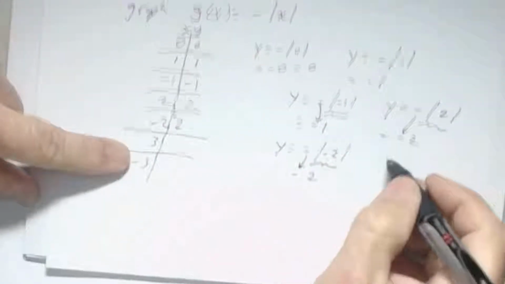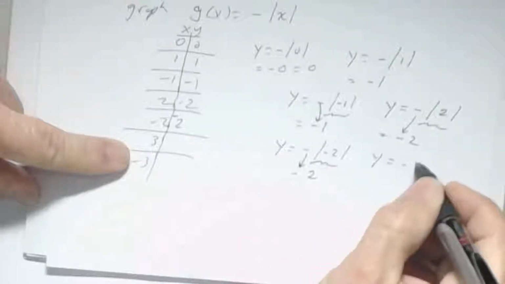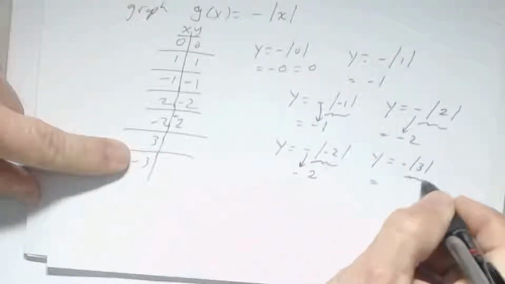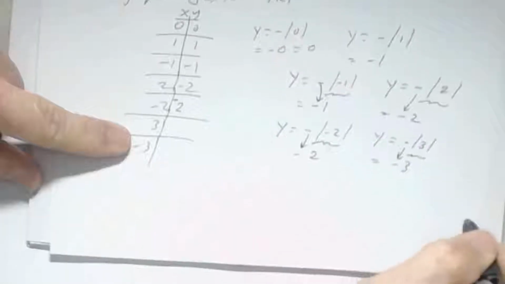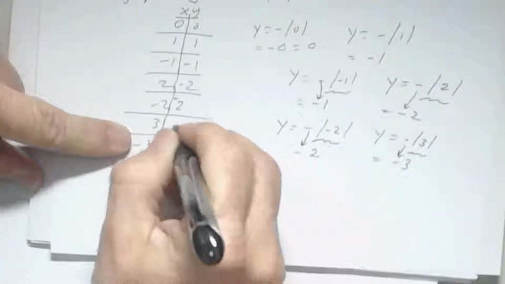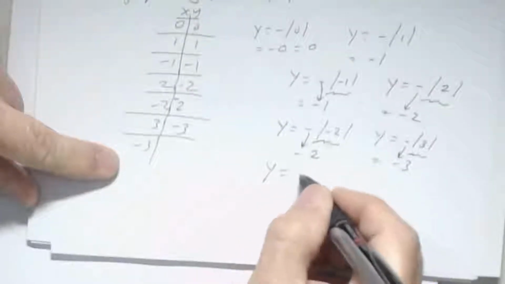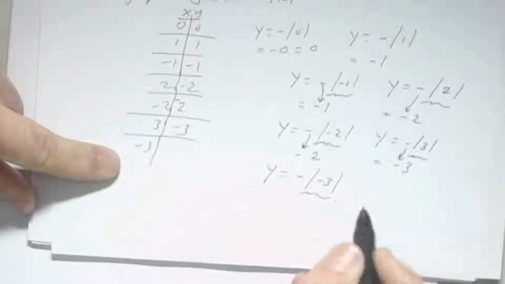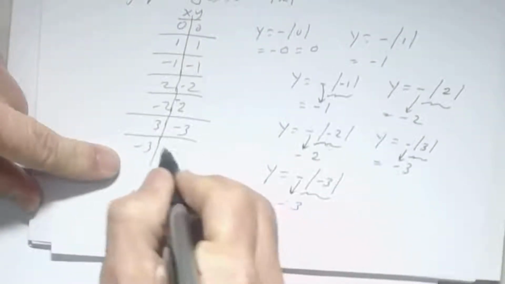You agree? When x is 3, I get y equals negative absolute value of 3. What's the absolute value of 3? So it becomes a negative 3. When x is negative 3, I get y equals negative absolute value of negative 3. What's the absolute value of negative 3? So it becomes a negative 3.